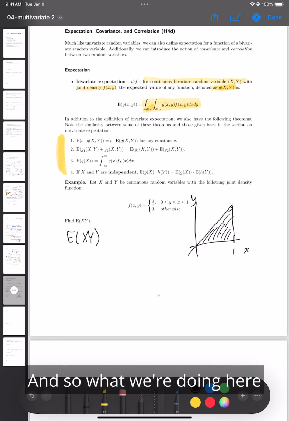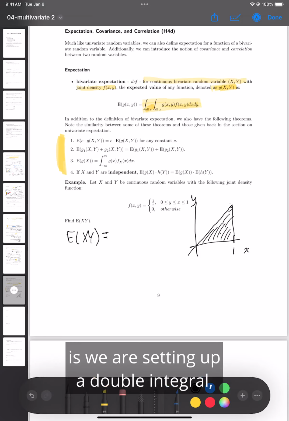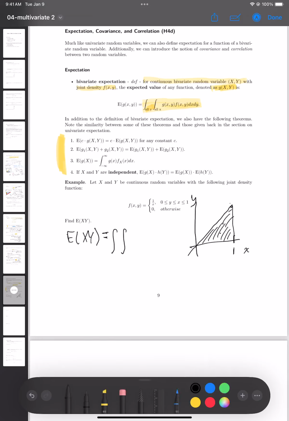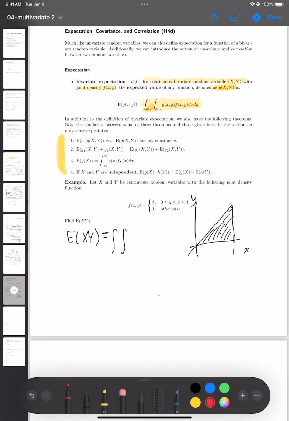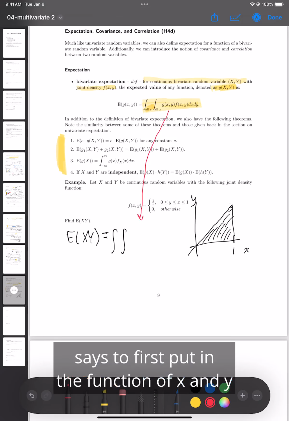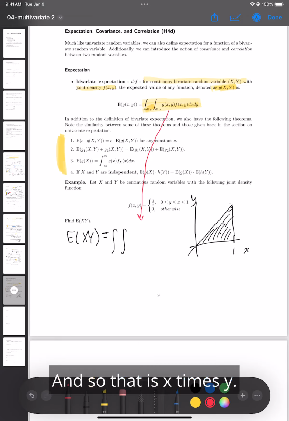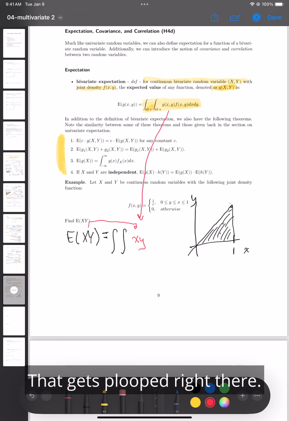What we're doing here is setting up a double integral, and I'll get to those bounds in a second. The definition up here says to first put in the function of X and Y that you're interested in finding the expectation for, and that is X times Y. So I'm just grabbing that and plopping it right there.